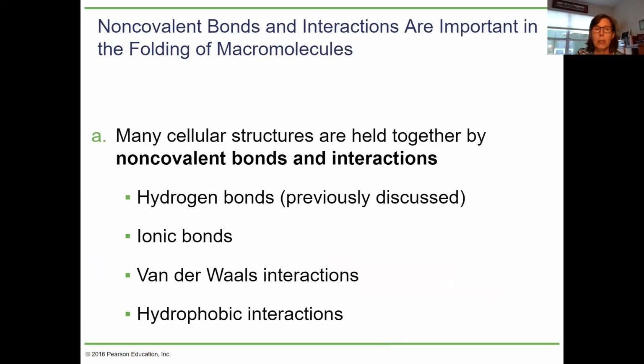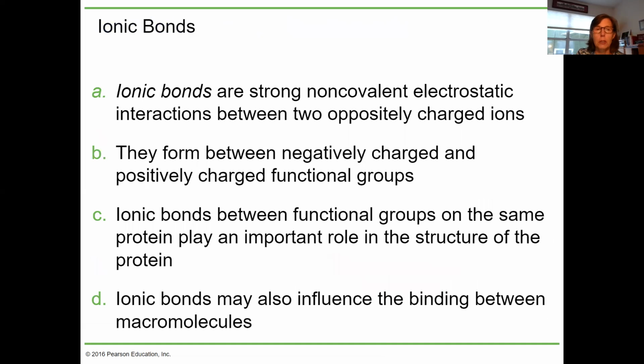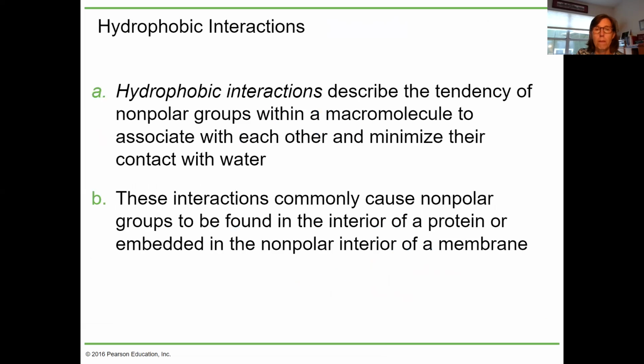All right, different kinds of non-covalent interactions. Okay, so where do you find nonpolar groups? And let's stick with the protein because we've talked about proteins a bit. Where would you find a valine or a leucine or isoleucine?